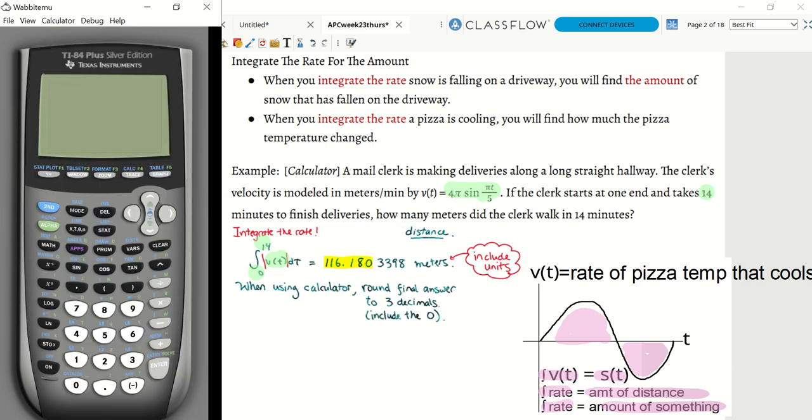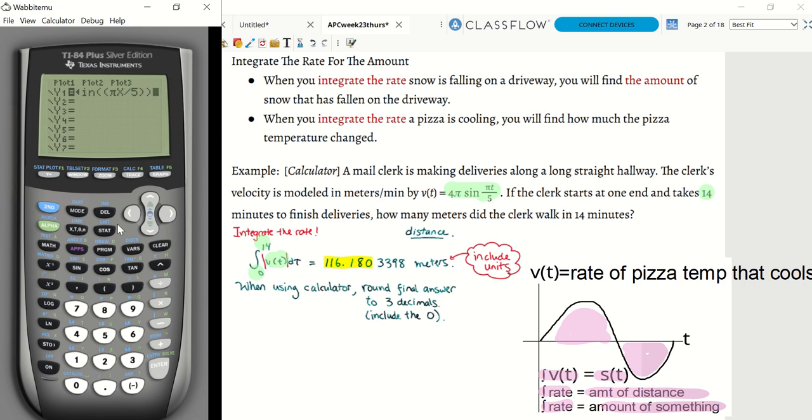The way you do it on your calculator, you can go a couple ways, but let's do it this way: 4 times pi times sine of pi x over 5.